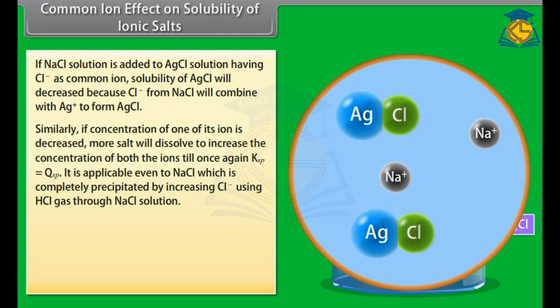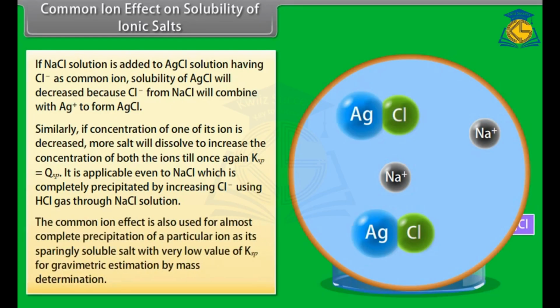Similarly, if the concentration of one of its ions is decreased, more salt will dissolve to increase the concentration of both the ions till once again Ksp equals Qsp. It is applicable even to NaCl, which is completely precipitated by increasing Cl- using HCl gas through NaCl solution.